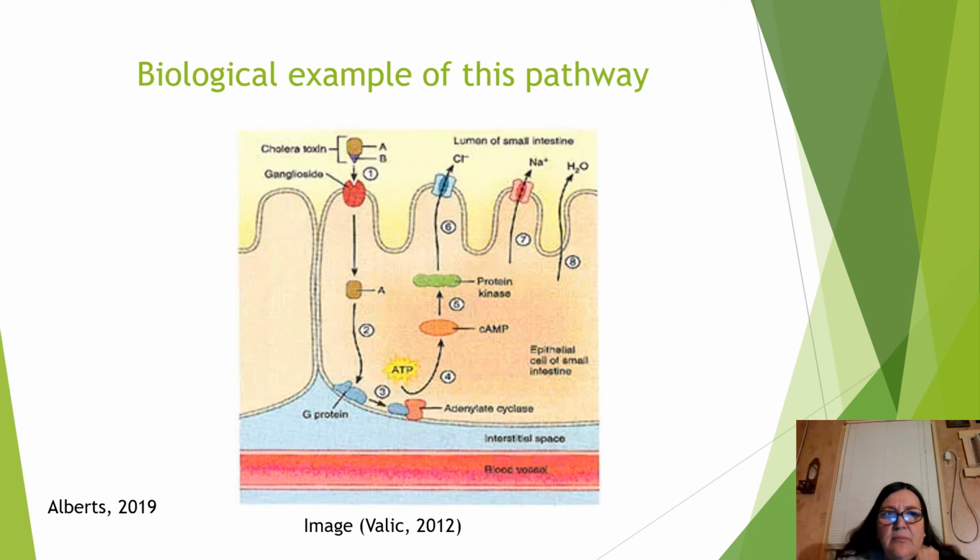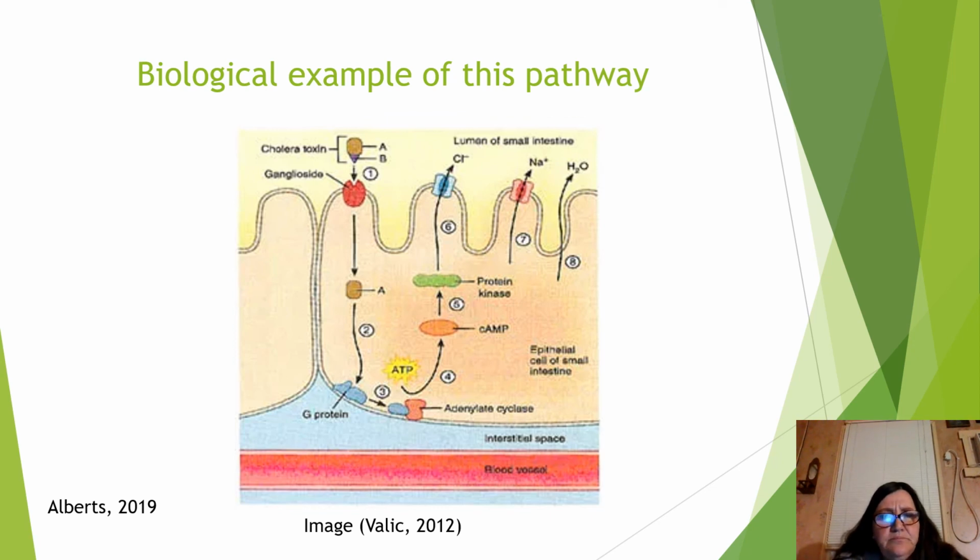Now, this action stimulates the enzyme adenyl cyclase, which is going to be one of your second messengers. While the G protein is in the active state, more and more of this adenyl cyclase is stimulated, causing a deluge of chloride ions and water into the gut.